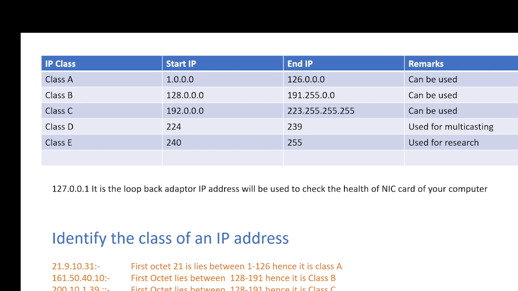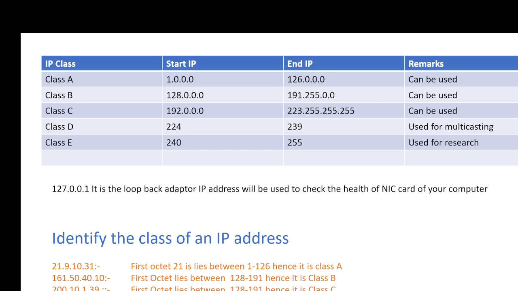See, the IP address is further classified into 5 classes, as I just told you in the previous slide. The first class is class A, second one is class B, then class C, class D, and class E. So there are 5 classes, class A to class E. And how to differentiate which IP address belongs to which class?